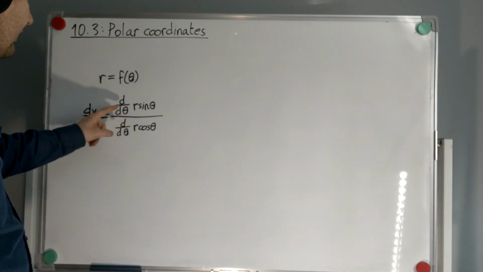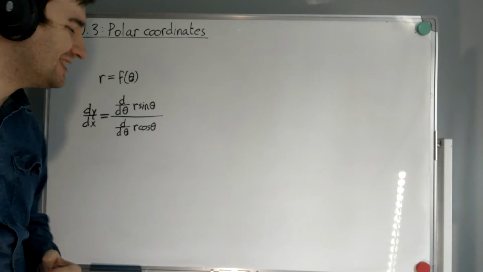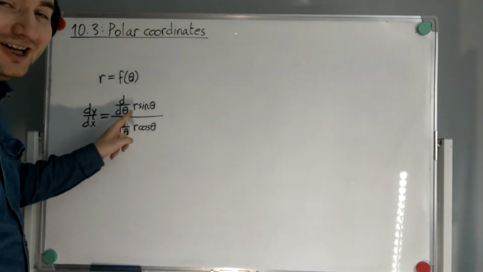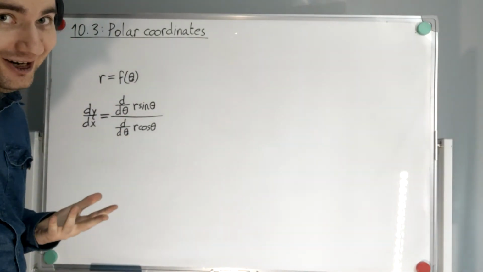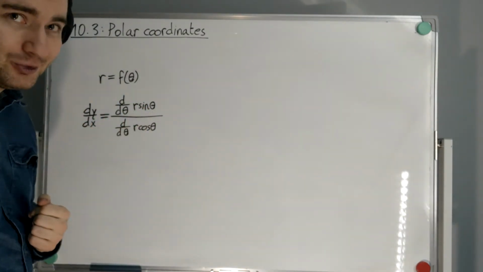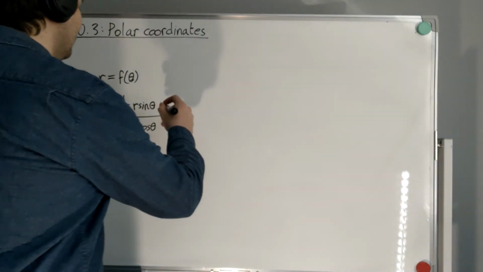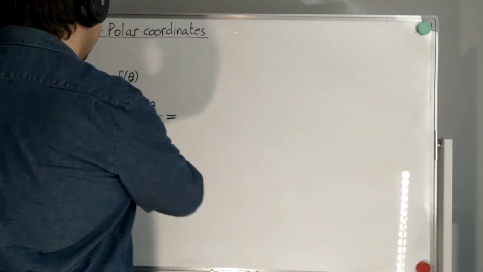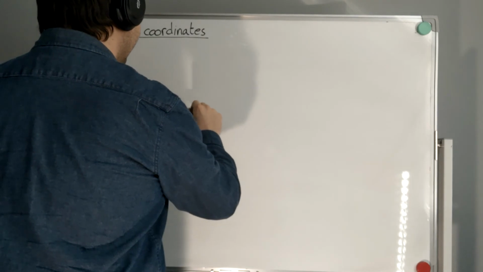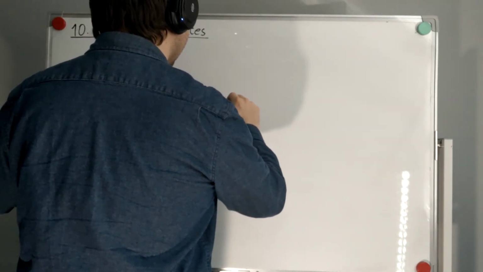You might think, this is just going to be r cosine theta, right? It's not, because r is not constant with respect to theta. R is itself dependent on theta, so this is actually a product rule, and so is the denominator too. Okay, so we have the first times the derivative of the second plus the second times the derivative of the first.